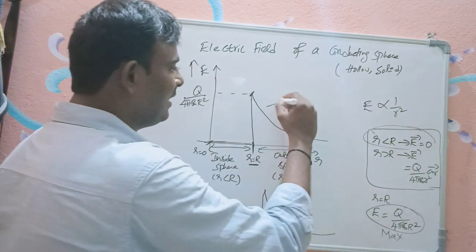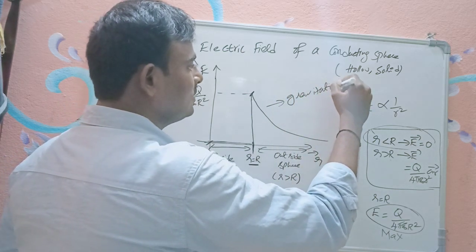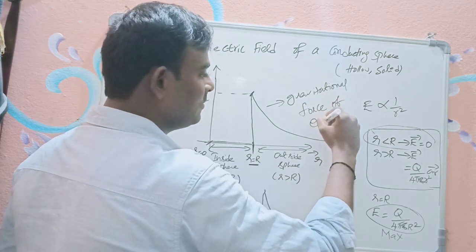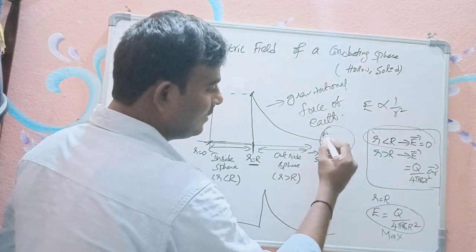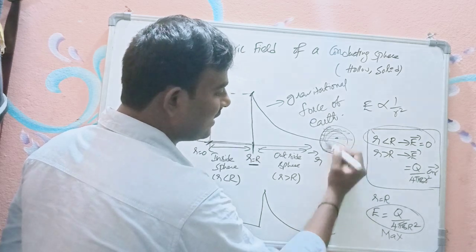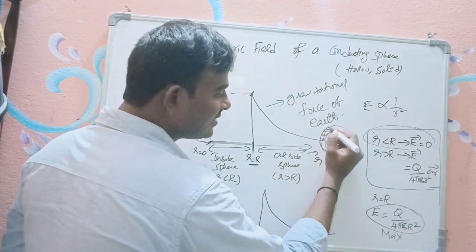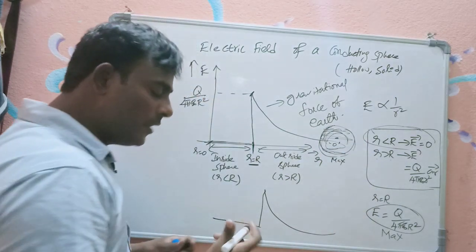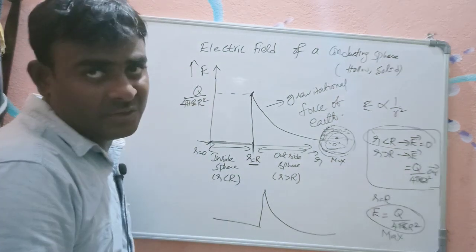This is similar to the gravitational force of the Earth. If this is the Earth, inside the Earth the gravitational force is 0, whereas on the surface of the Earth you have the maximum gravitation. And when we move far away from the Earth, the gravitational force reduces.